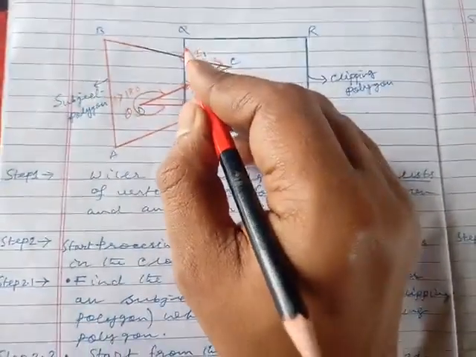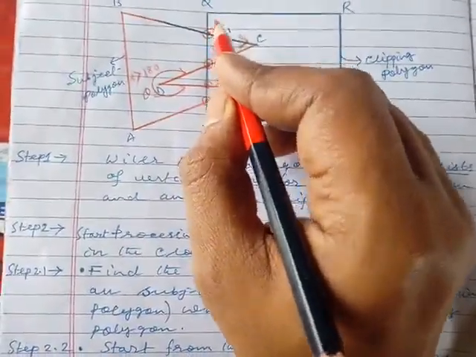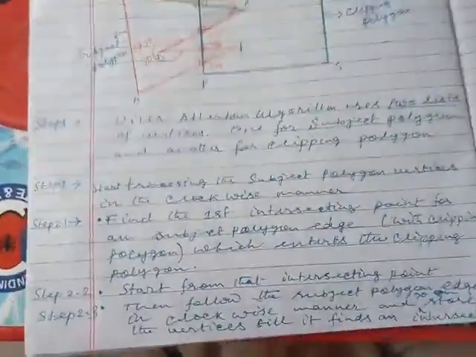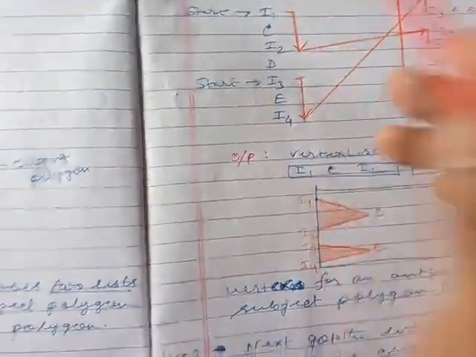We first get the first intersecting point as I1, and we will take that as the starting point of the vertices. So I1 is the starting point.